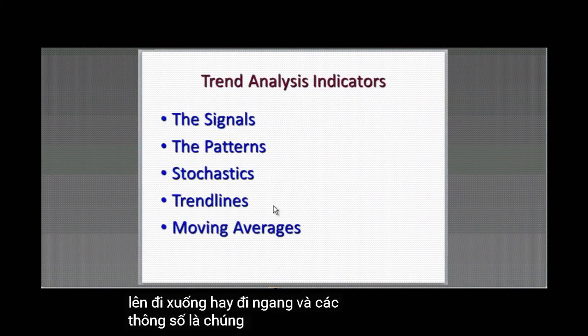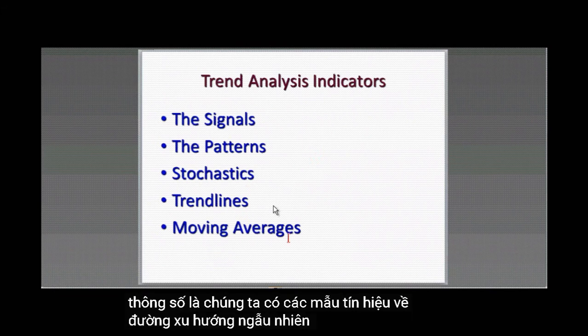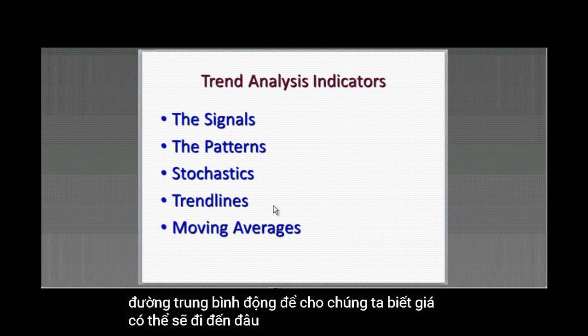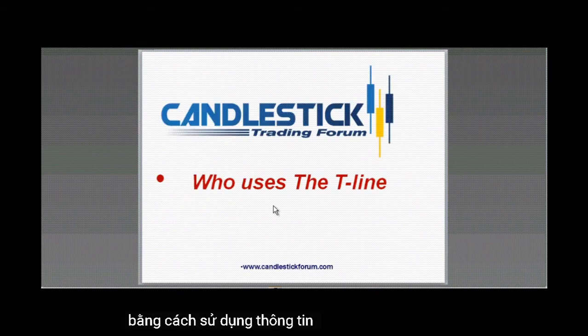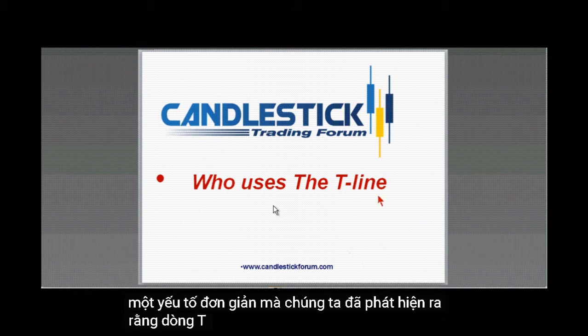And the parameters are that we have signals, patterns, stochastics, trend lines, and moving averages to tell us where prices are probably going to be going. Using that information, it comes down to one simple factor: we have discovered that the T-line is extremely effective.